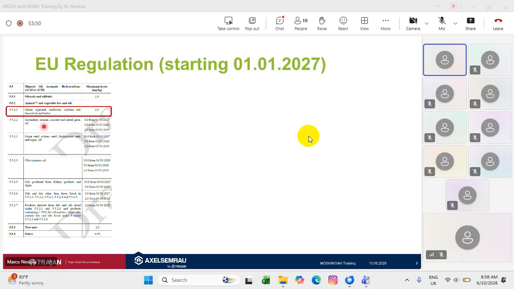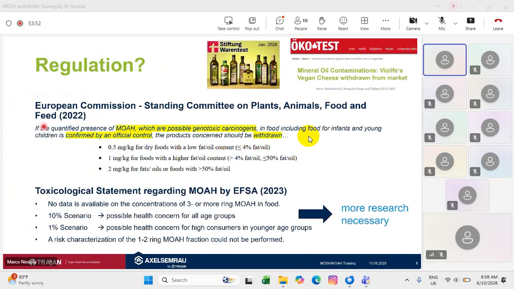Previous slide, can I go to the previous slide? The 1% and 10% scenario is more for 50% fat and oil and above. That's not important. It's dependent on the milligram per kilogram found in specific products. So when we talk about oils and fats, it's 2 milligram. But when we talk about rice, for instance, it would be 0.5 milligram per kilogram because of the low fat content of the rice.